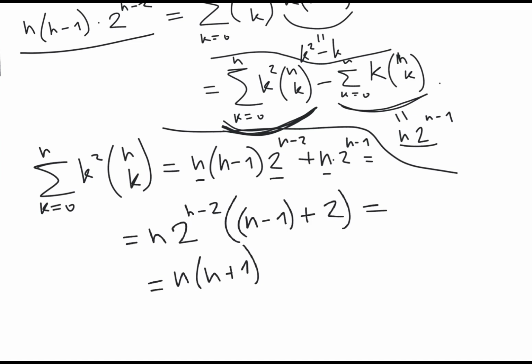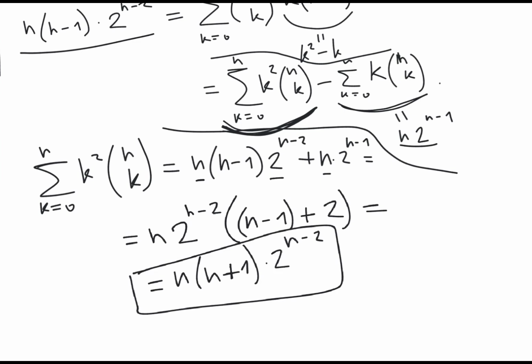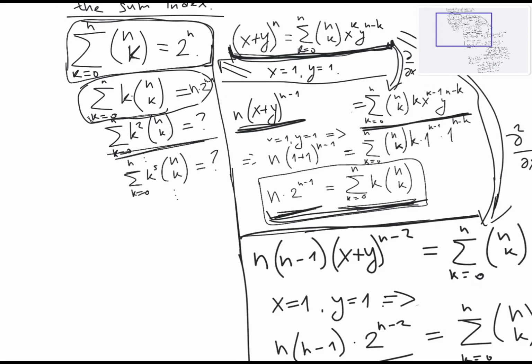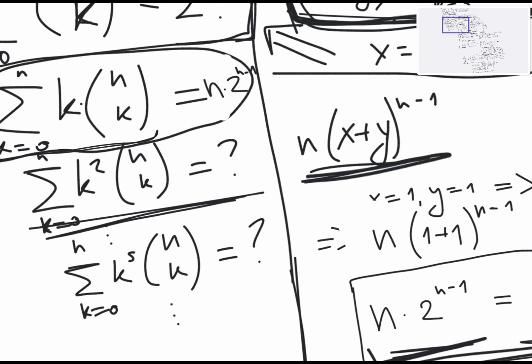So n minus 1 plus 2 is simply n plus 1, multiplied by n times 2 to the power n minus 2, and this is the answer. So this is the sum that we needed to calculate.